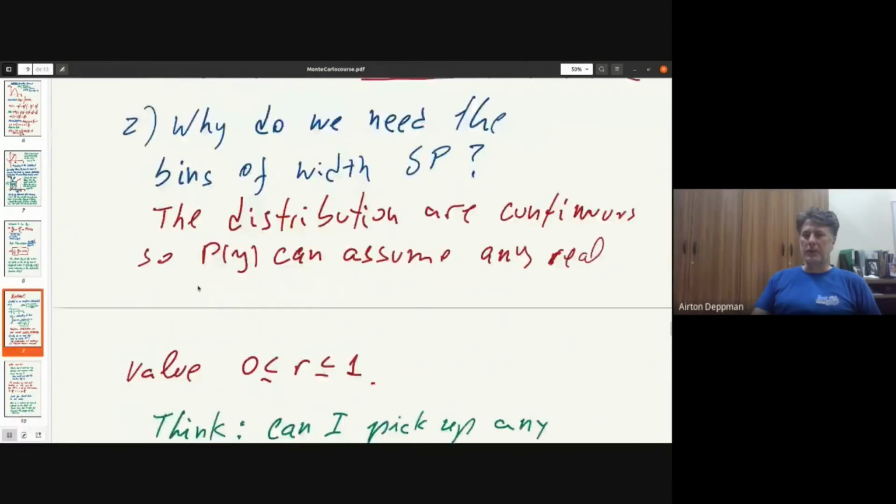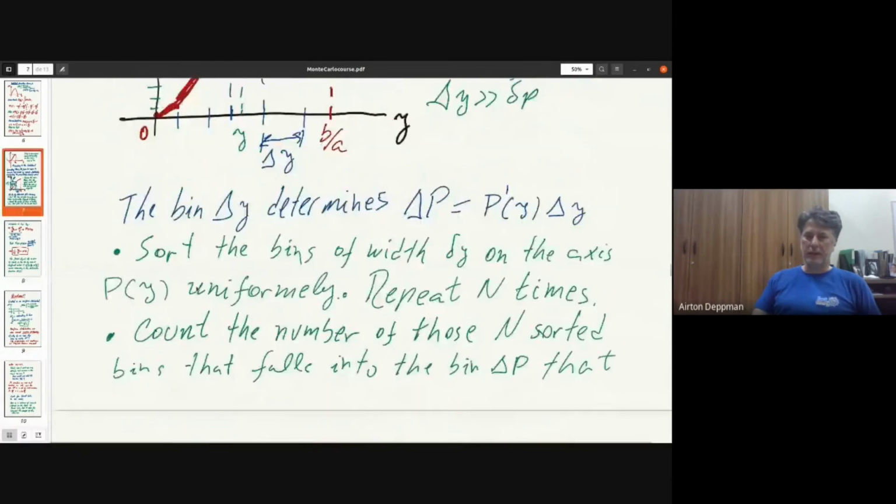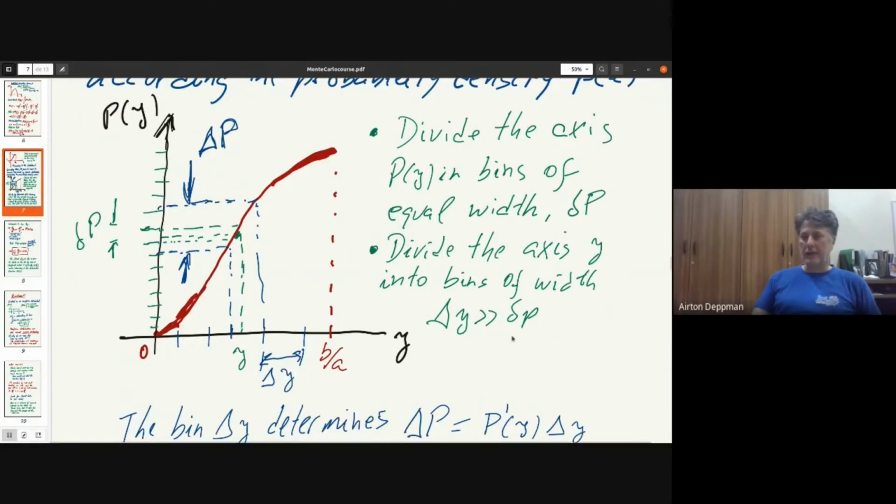So this delta p is in fact important in our statistical sampling theory and in the Monte Carlo method, because it will tell us how large delta y must be. I must keep this relation valid. So if I choose real numbers up to, let's say, 5 digits, delta y cannot be a number with 5 digits. It must be much larger.